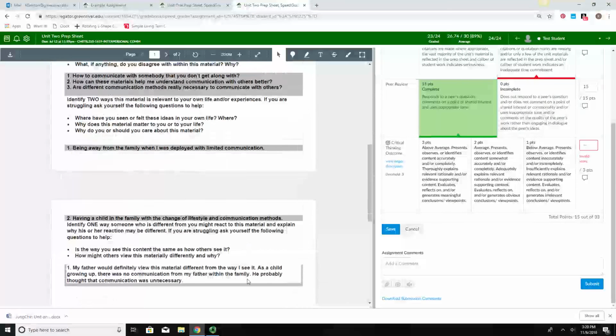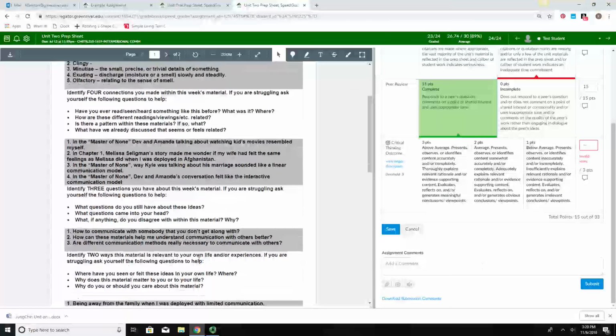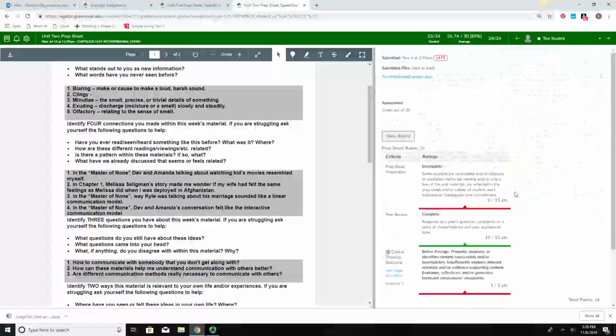In this particular case, this student doesn't really provide the context or the explanation that I need to know that they can do this. So for me, on this particular assignment, this exhibits below average critical thinking. Once I have made that assessment, I can save this, and that data is collected and can be pulled from an administrative level at a later point.